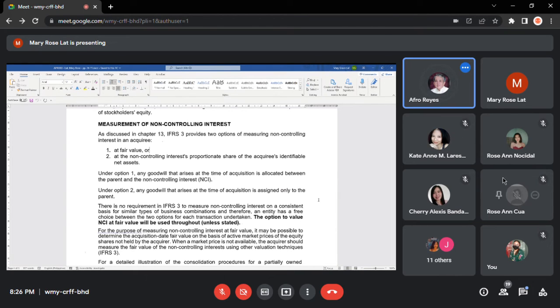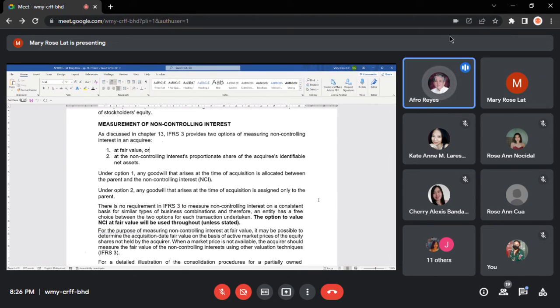Okay? Tapos alam naman natin, whatever yung bottom figures ng statement of comprehensive income, mag-a-appear yan sa statement of financial position ng acquiree. Sa acquirer side, ganun din. So, ano makikita sa statement of financial position? Abay, retained earnings, no?